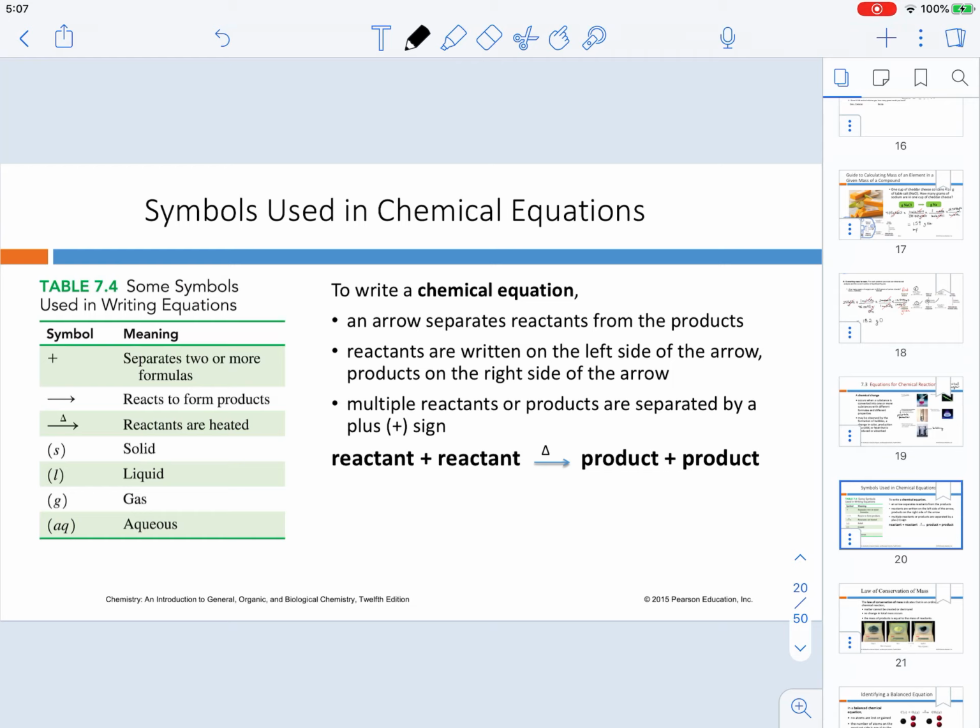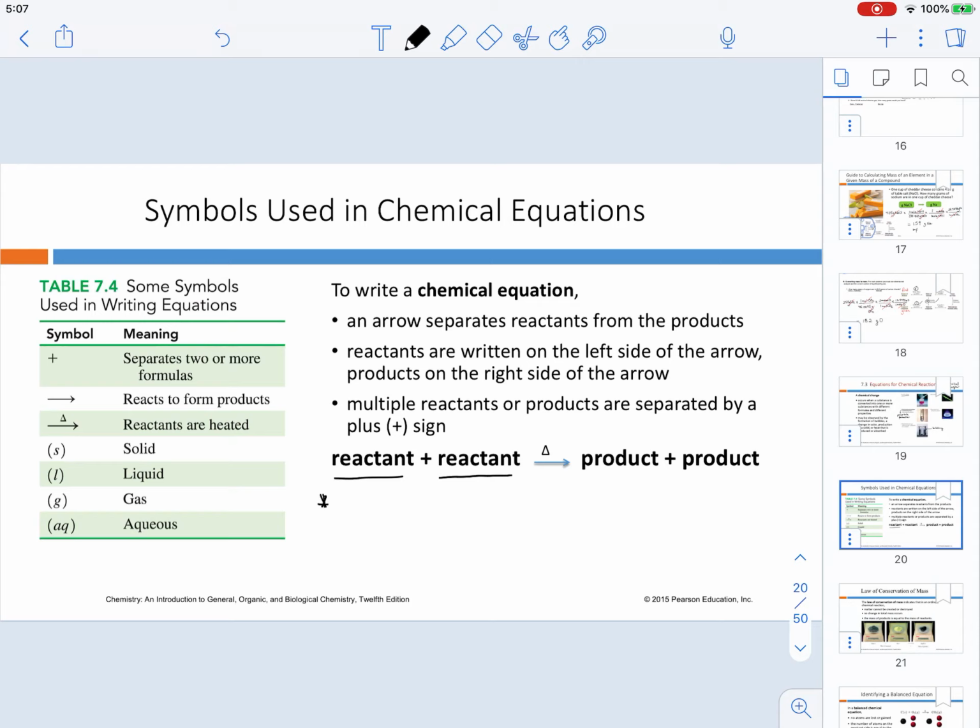When it comes to a chemical change, we need to write them as a chemical equation. And when it comes to a chemical equation, there are some symbols that you guys have to be familiar with. They are all outlined in table 7.4 in the textbook. Understand that the molecules that are reacting are always written on the left side of an arrow, and they're known as reactants.